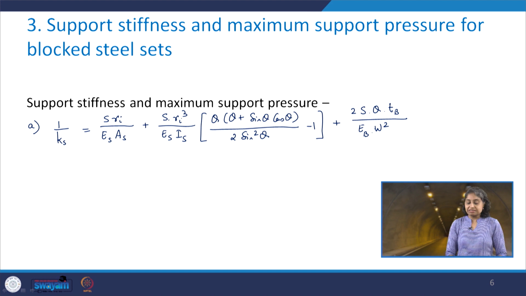So, this is how the support stiffness can be determined for the blocked steel sets.